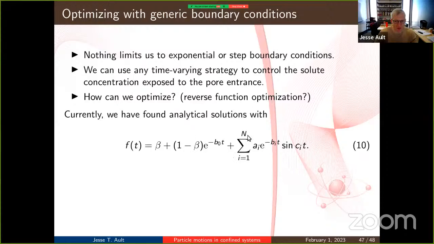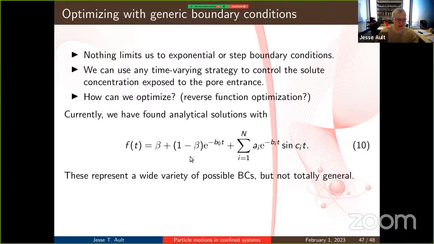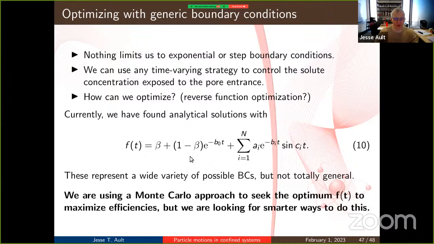We have a lot of free parameters here, the number of terms and these coefficients. We're just making some generic function. This also has an analytical solution, so we're able to calculate things quickly. But right now, all we're doing is basically a Monte Carlo approach, guessing these parameters and calculating the resulting efficiency. So we're looking for a smarter way to do this. If you have any ideas about reverse function optimization, that would be very helpful.